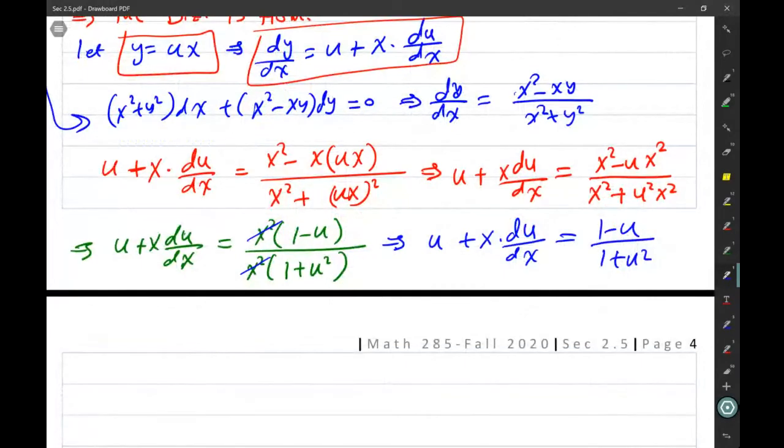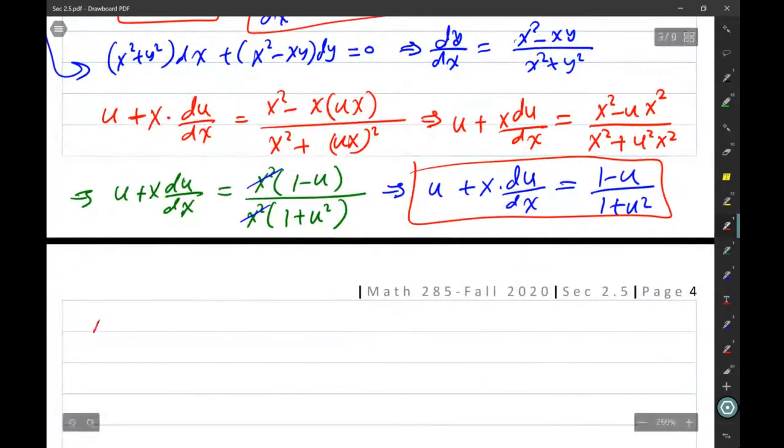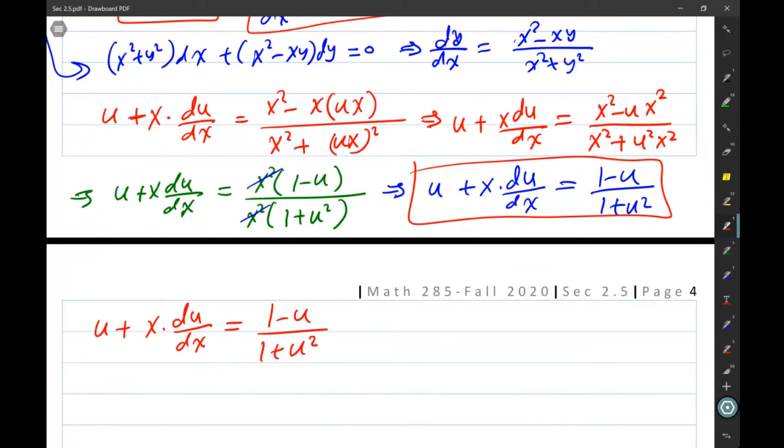Now how can we solve such kind of differential equation? This one here, the last one. Take it here. u plus x times du over dx equals 1 minus u over 1 plus u square. Let us see who can give me an answer here.